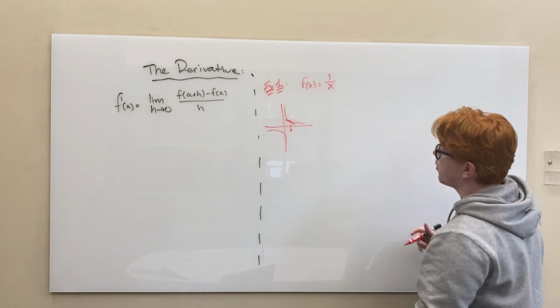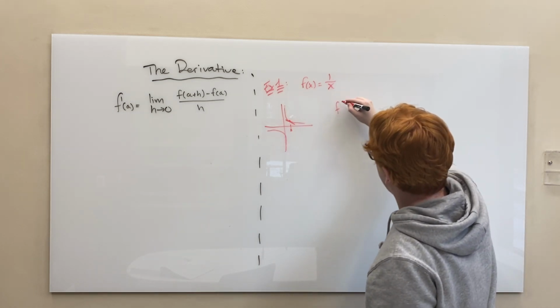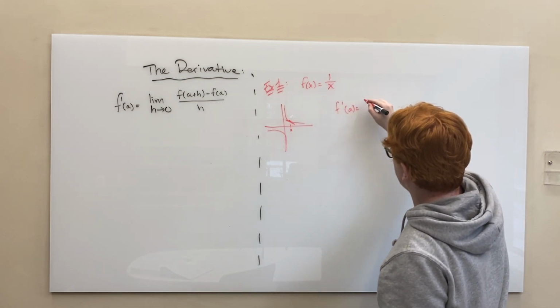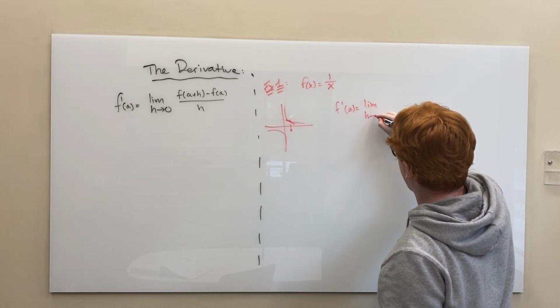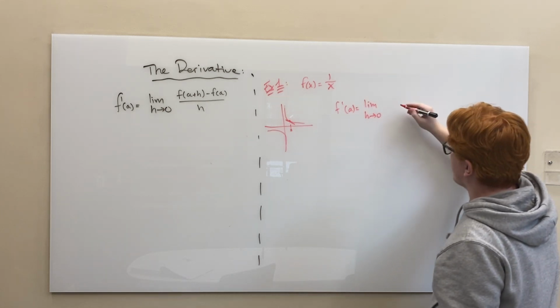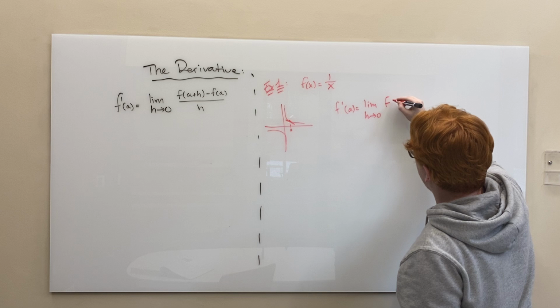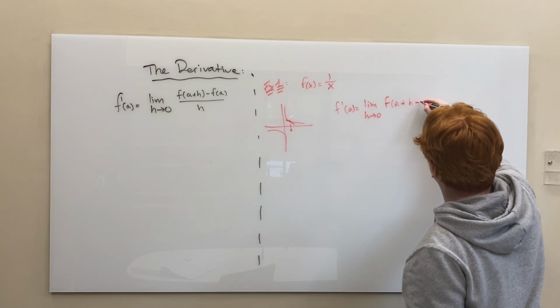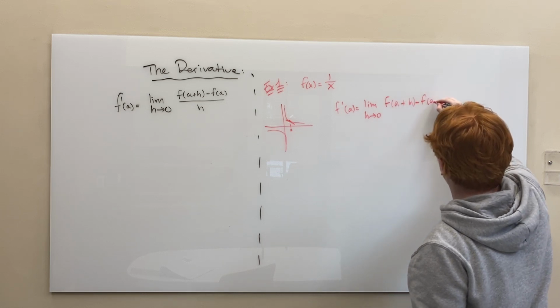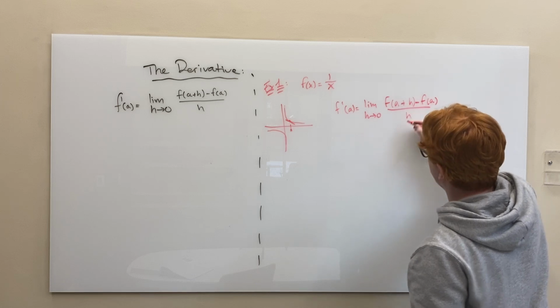Using the formula, f prime of a is equal to the limit as h approaches 0 of f of a plus h minus f of a over h.